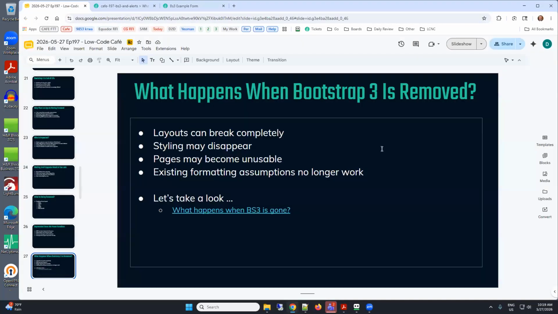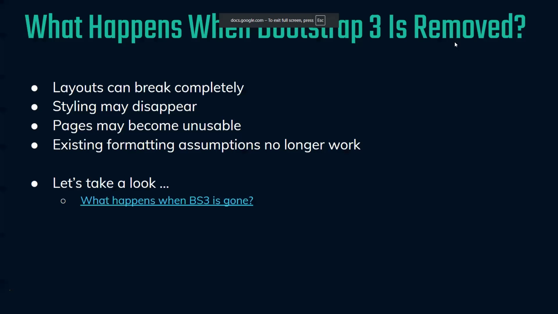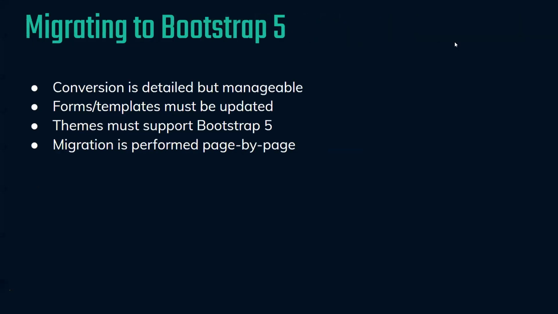All right, so we've seen Bootstrap 3 goes away, things break if you're using it. So the conversion is detailed work, but it's very manageable. Any forms or templates, the different modules that use them, have to be changed to the Bootstrap 5 options.